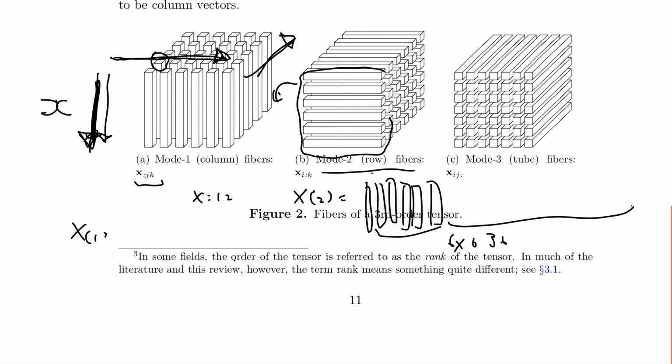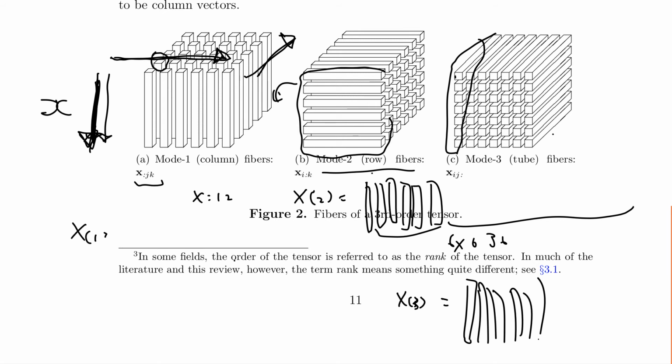And similarly, I can also matricize along the third way. So I have a mode 3 matricization. It looks like I should start from here again. So this first 7 columns here, I can just put the 7 columns here, and then I continue.